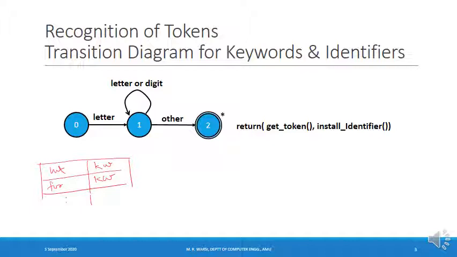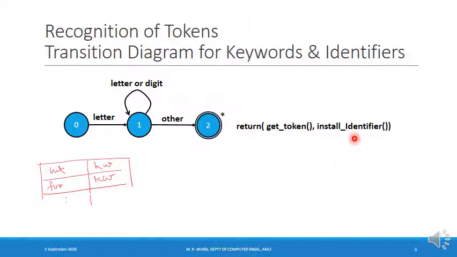Install identifier function will search for the lexeme into the symbol table. Now one possibility is that lexeme is found into the symbol table and it is marked as keyword. Then in that case install identifier function will return 0. Second possibility is lexeme is found into the symbol table but it is not marked as keyword, rather it is an identifier.